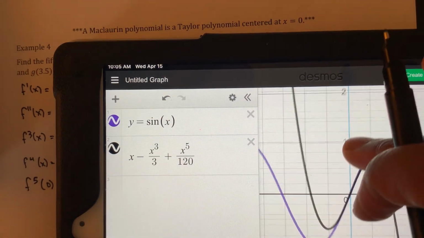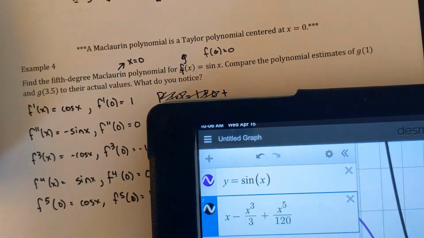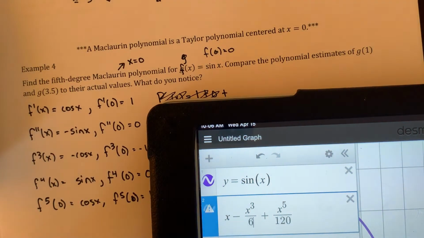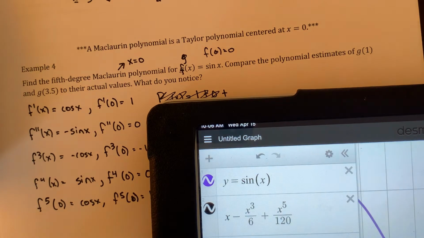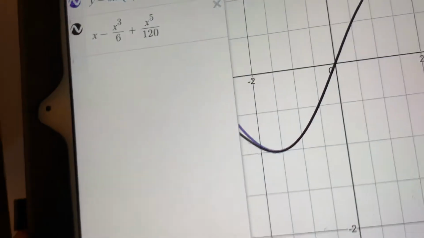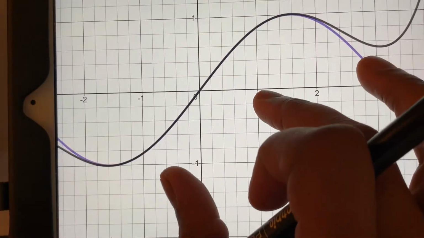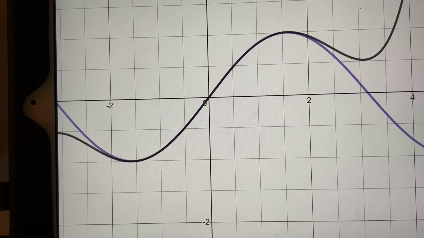And so when we center that, that should be over 6, not over 3. My apologies. And so now when we see that centered at 0, that's going to be exact for a pretty wide range of values.